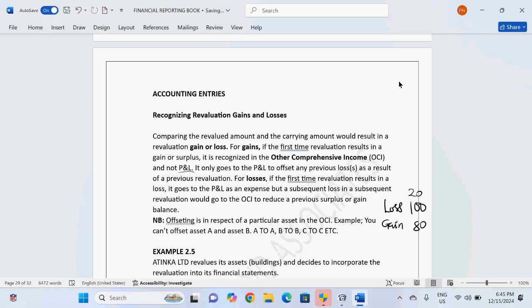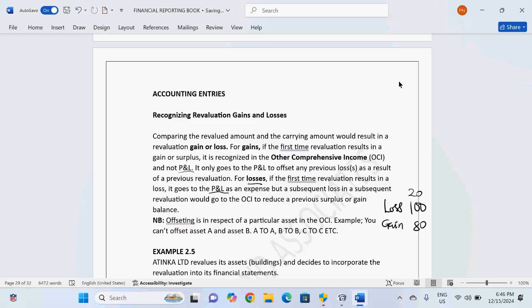So for losses, what happens? If the first time you are doing a revaluation, and that revaluation results in a loss, that is a first time loss, it goes to the P&L as an expense.